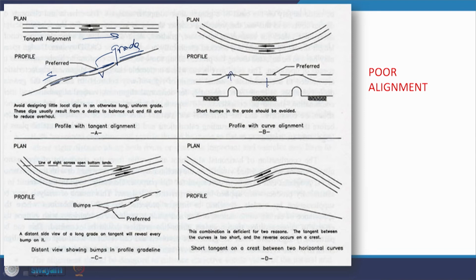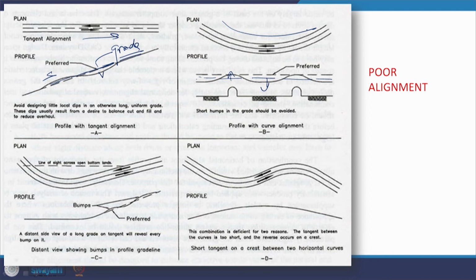So, this is up and this is down, but if I just try to make it normal, I can bring it even here, and if I do it this way, maybe I can have a balanced cutting and filling, and the profile of the plan in the horizontal curve is quite smooth. Then it will become a very good situation.